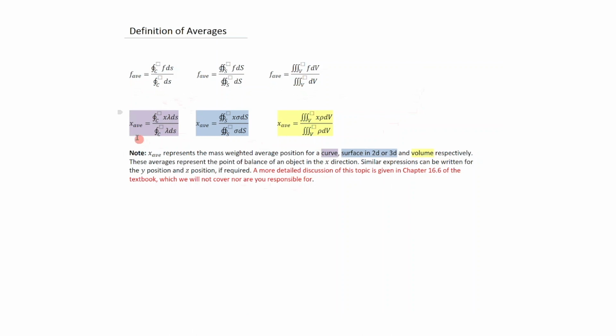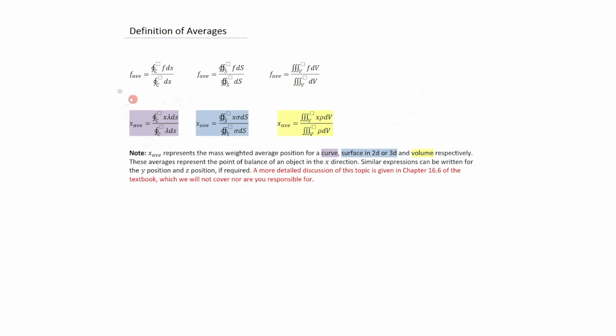These are color-coded. So you have a curved line, and you're trying to figure out the balance point. If I took the curved line and put my finger at a certain point along it, at what point would it be balanced? That x average point more or less tells you where the balance point is. This assumes, of course, that the gravitational field is constant, which generally is the case when we're dealing with terrestrial problems.